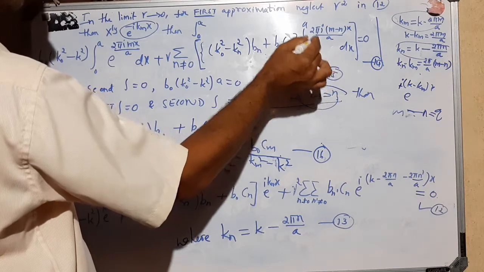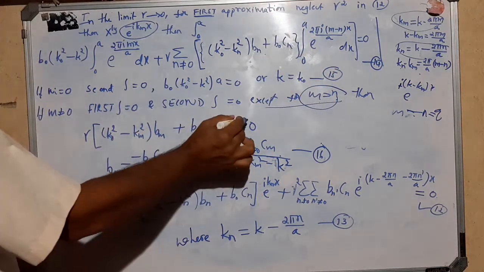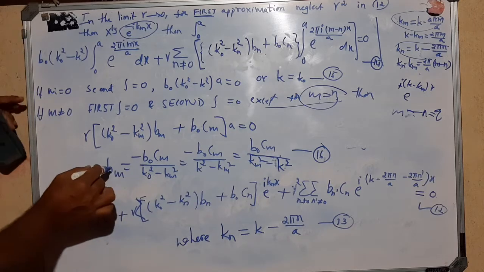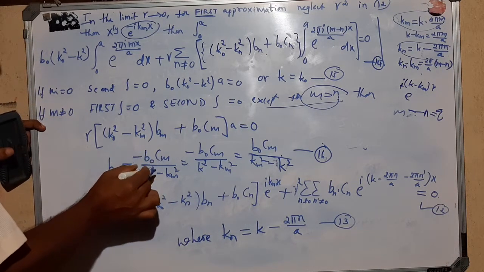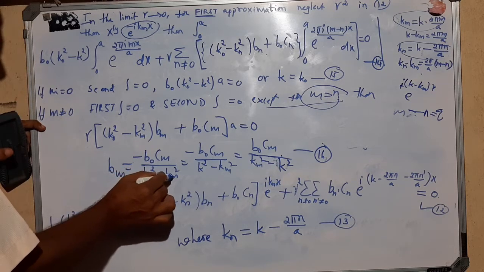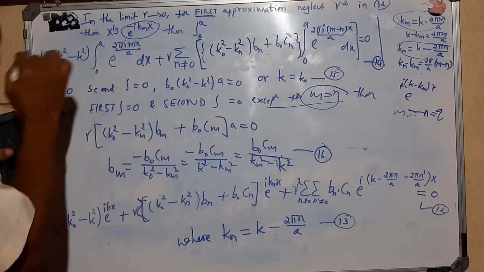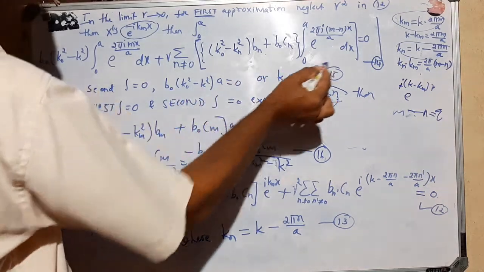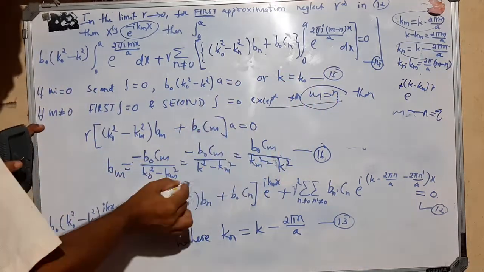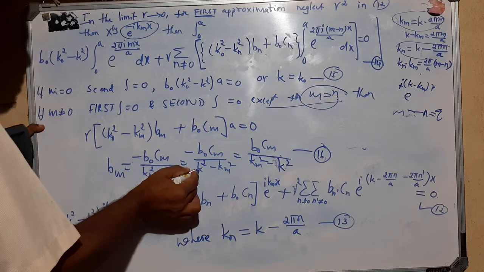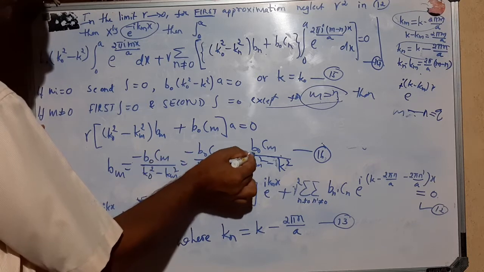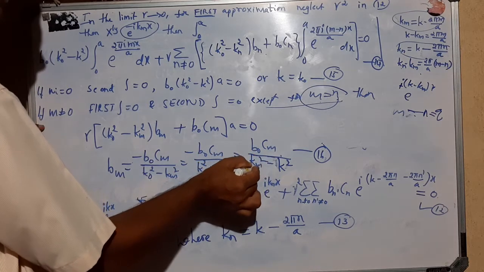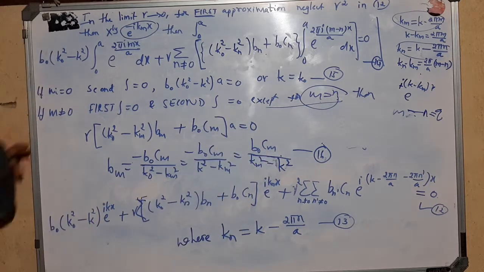Integration of that is x, limit is a. So, you can simplify it. Then you can rearrange the equation. For bm, you are getting minus b naught cm divided by (k naught square minus km square). But previously, in equation number 15, you have written k is equal to k naught. Therefore, k naught is replaced by k. Or you can take this negative sign inside here. So, it becomes b naught cm divided by (km square minus k square). That is the equation number 16.